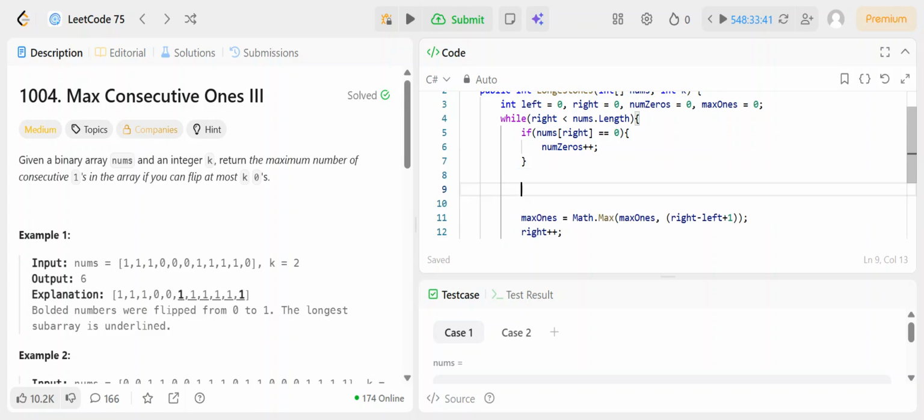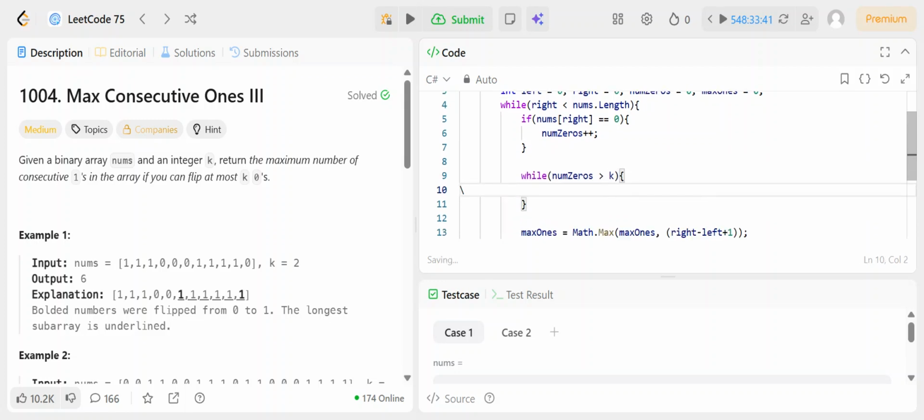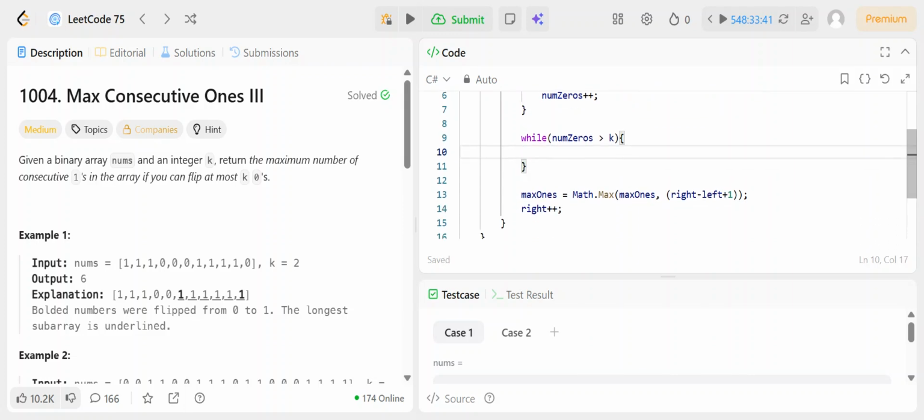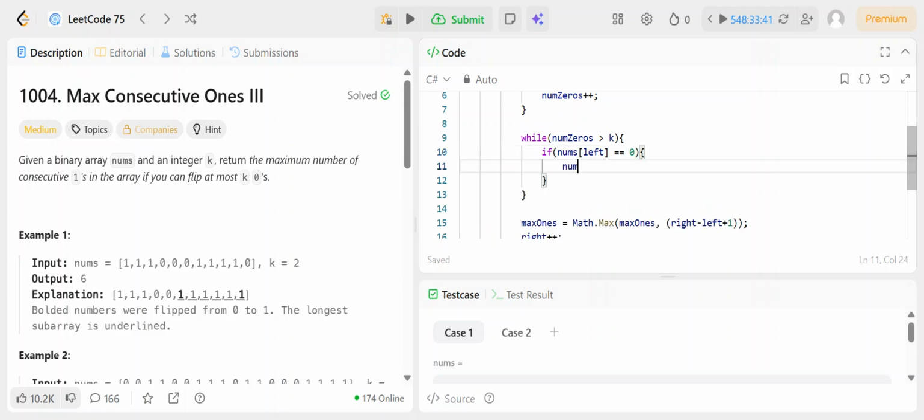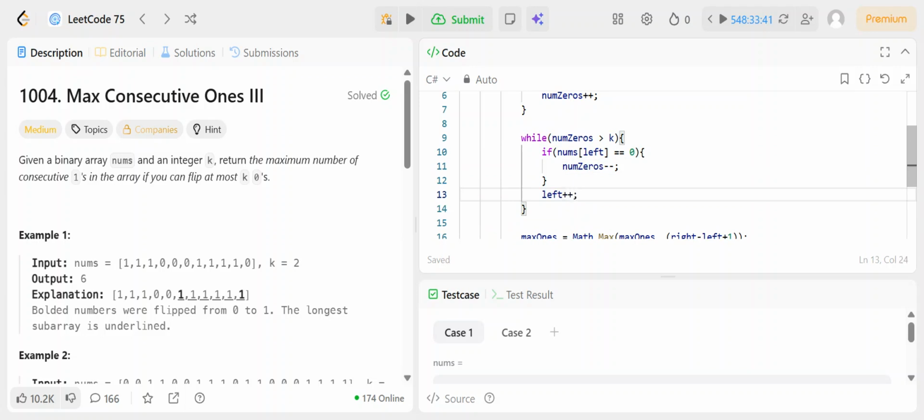Now where are we increasing our left? If you observe, if number of zeros is crossing k, it's a while condition. If number of zeros is crossing k, then if nums[left] equals 0, then decrease number of zeros, or else just left++.